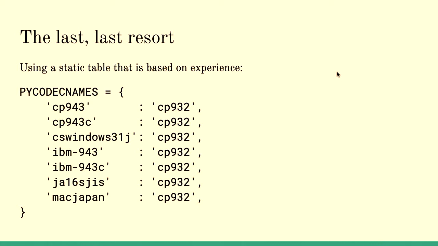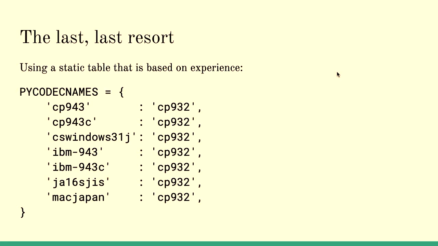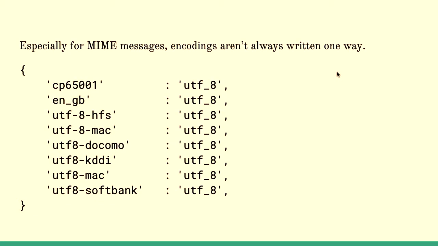In this case, my company collected a lot of weird encodings in the emails that they specified. For example, some emails mean CP932, but they write a lot of different things which mean just one thing.